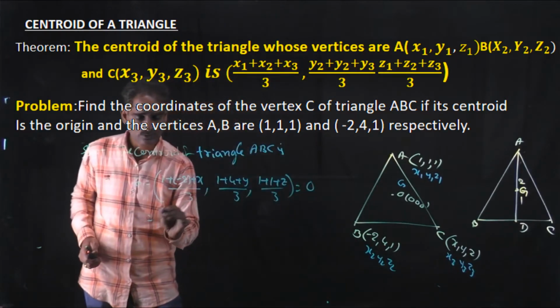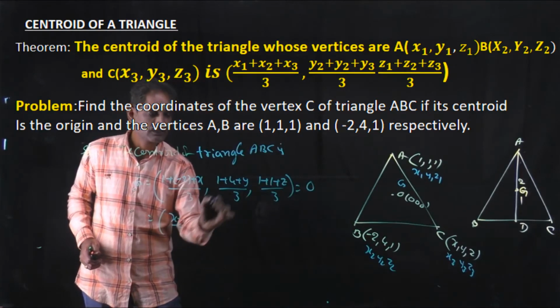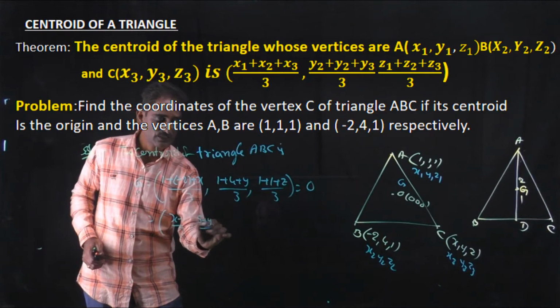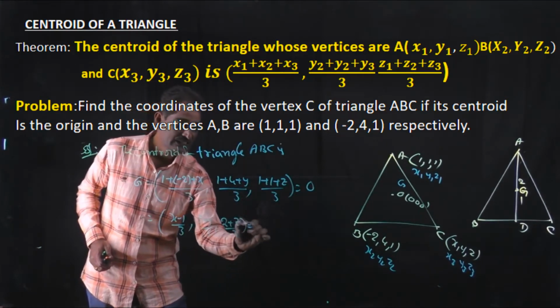Simplifying: (x minus 1) by 3, (5 plus y) by 3 and (2 plus z) by 3 equal to the origin.